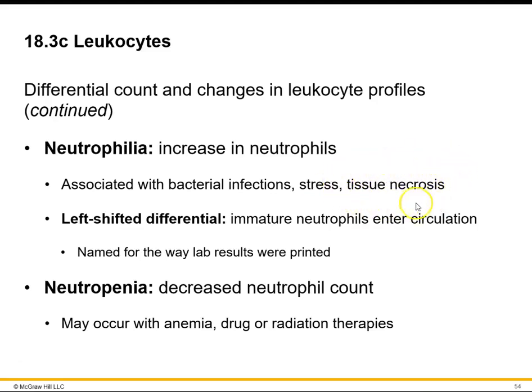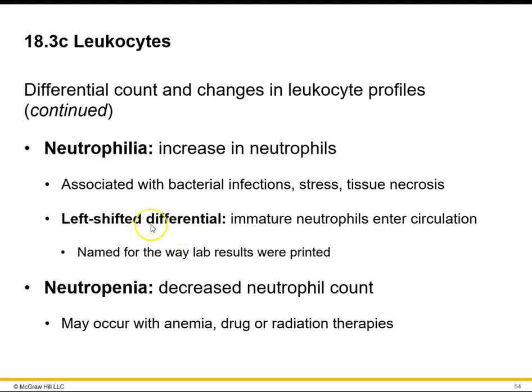So what happens is the heart is damaged, its cells die, and your body needs to send some cleaners in to clean up those dead cells. And so it sends in neutrophils. And so you get an increase in the number of neutrophils circulating in your blood because your body is sending them in to clean up this problem.